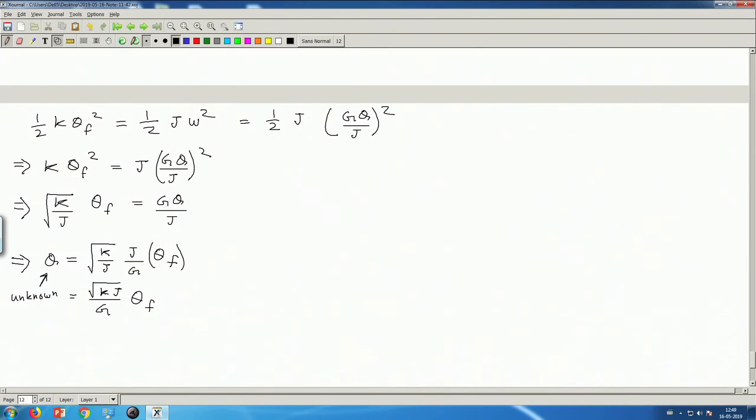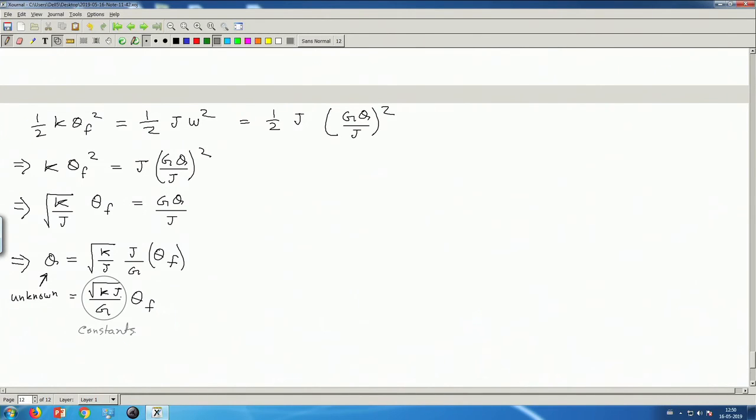All these terms K, J and G, these are all constants for a meter. And theta f is the maximum angle to which the pointer or the coil moves.